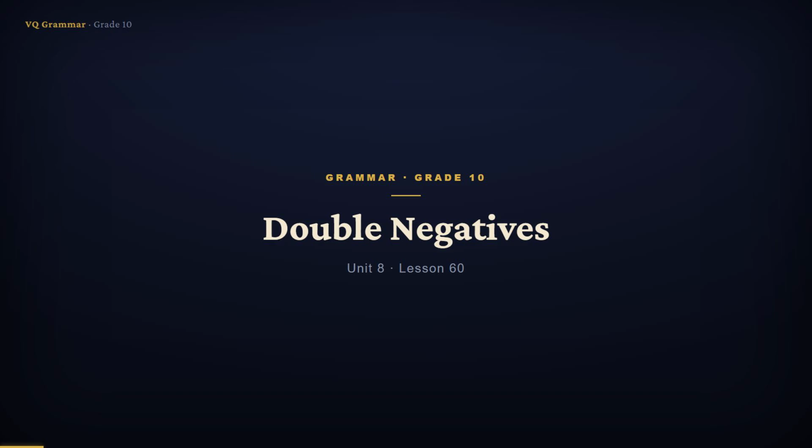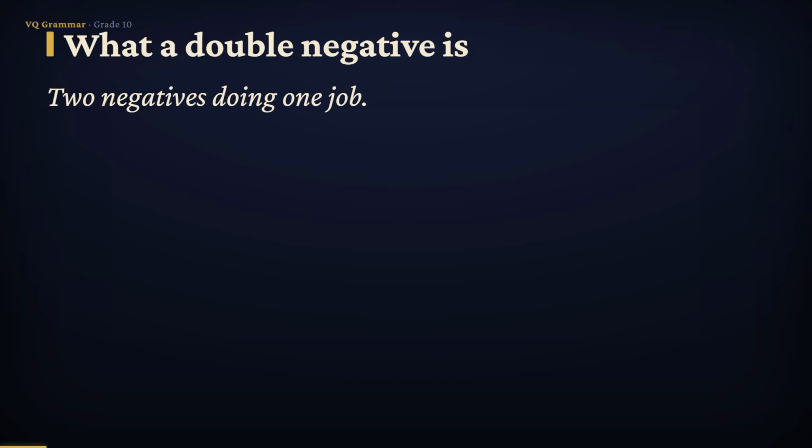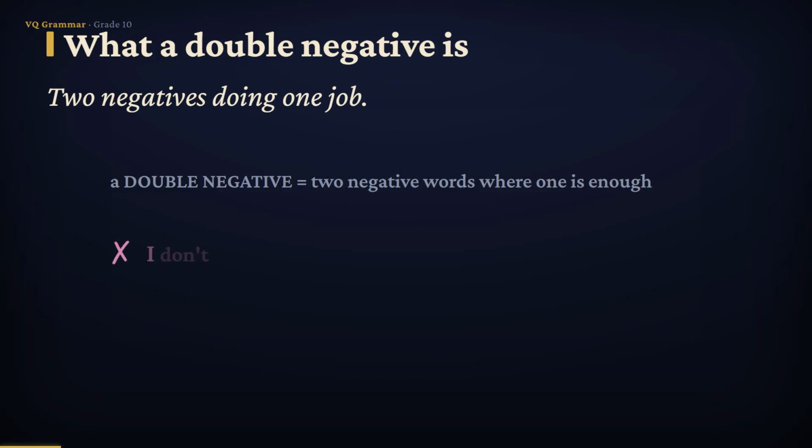Let's take a look. Let's start with the whole idea in a single line. A double negative is what happens when a writer uses two negative words in the same clause, when only one of them was needed. Listen to this sentence. I don't have no money. There's a negative hiding inside don't, and then there's a second negative in the word no. Taken literally, that second negative cancels the first.